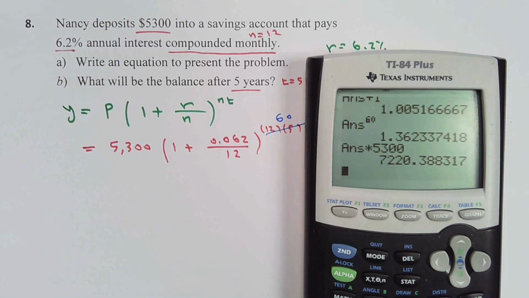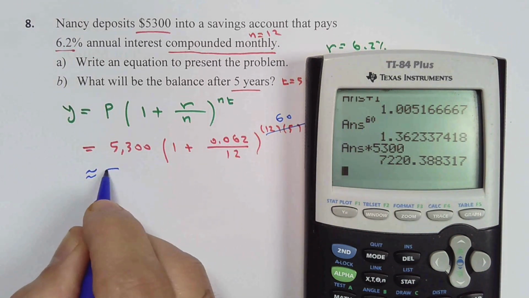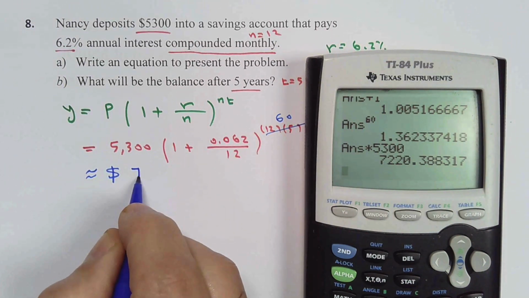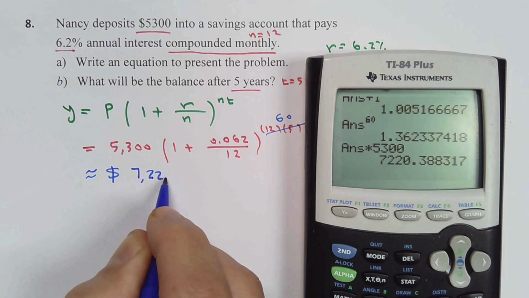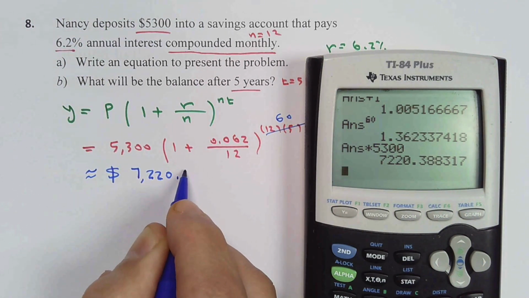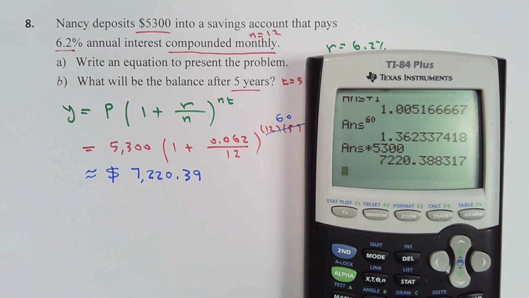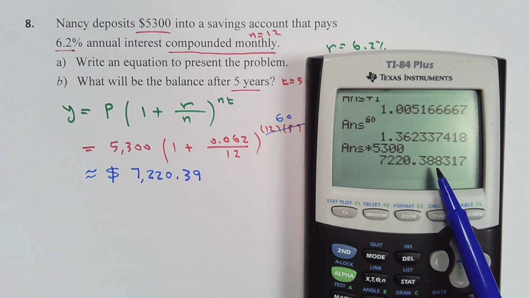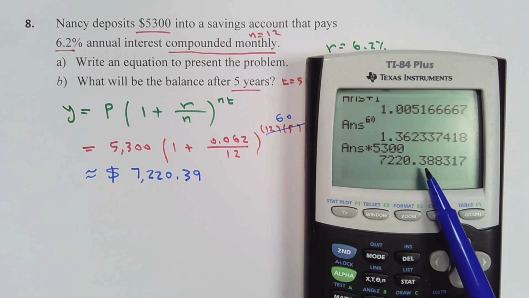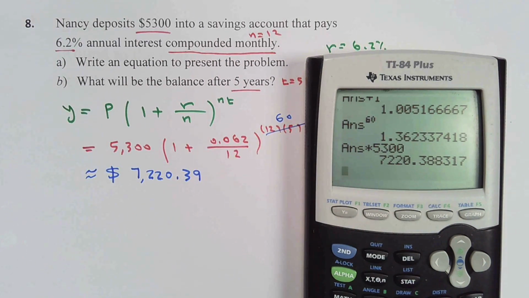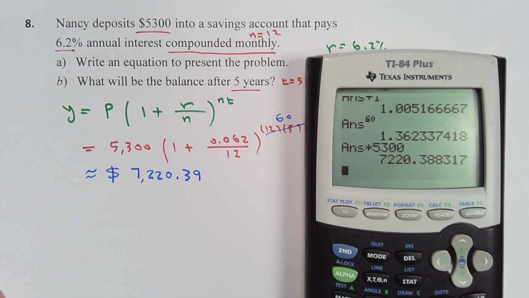And that's what we have. Of course, that's money, so we need to round to 2 digits. So we say about $7,220.39. That becomes 39 cents. 8 is too high to ignore. We drop these digits and we make this 39. Done with number 8.